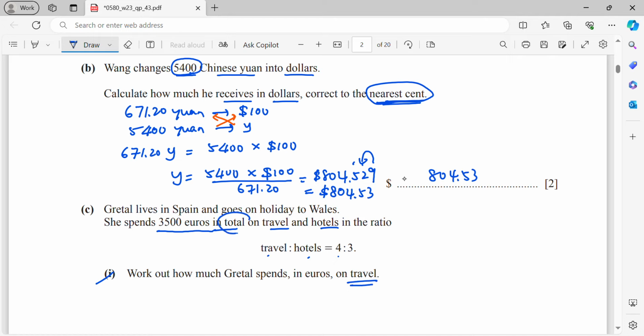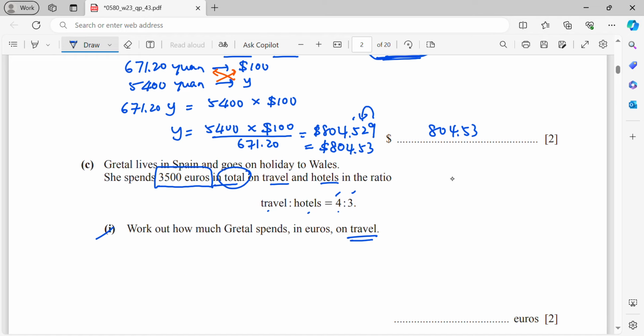The total euros that has been spent on both of them is 3,500. So we know that now the travel will be 4 out of 7, right? Because travel ratio to hotels is 4 to 3. That means just for the travel itself, it will be 4 out of 7 because the total here is 7.